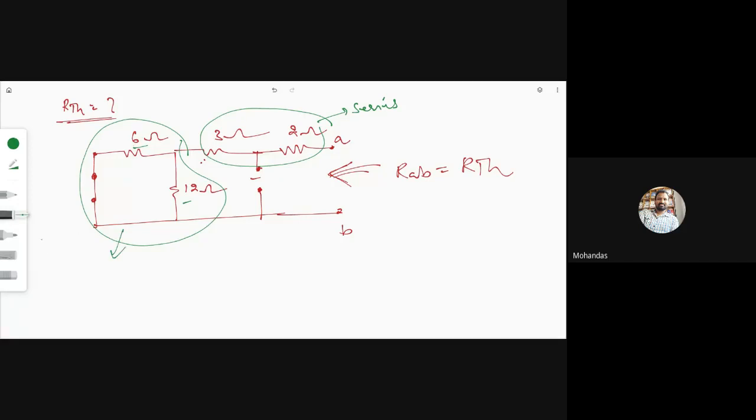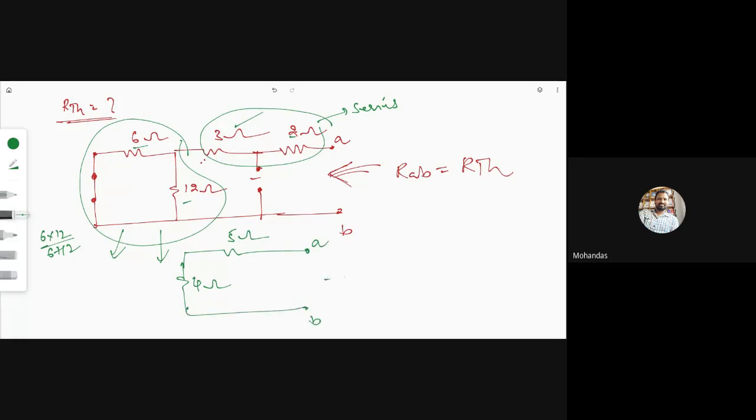I think 4 ohm. 6 into 12 by 6 plus 12, which is equal to 4 ohm resistance. And what is the equivalent of 2 ohm in series with the 3 ohm? A 5 ohm resistance.